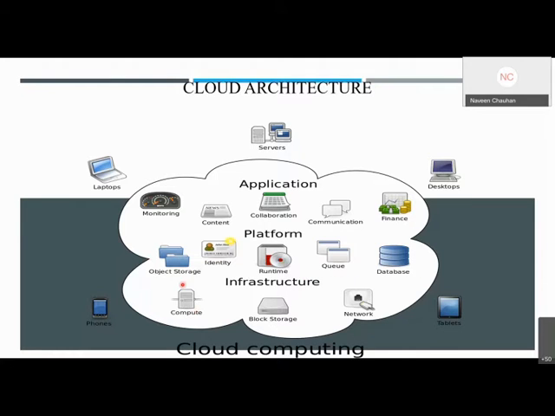On top of the infrastructure we have platforms, and ultimately at the top layer we have different kinds of applications as a part of cloud computing. This is the user interface, basically for what purpose users are going to take advantage of cloud computing, whether it is monitoring, content verification, collaboration, communication, or financial analysis.